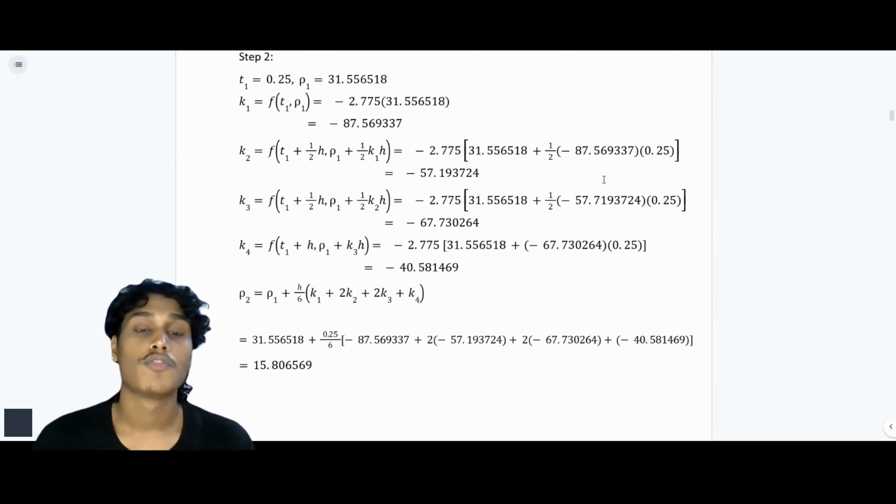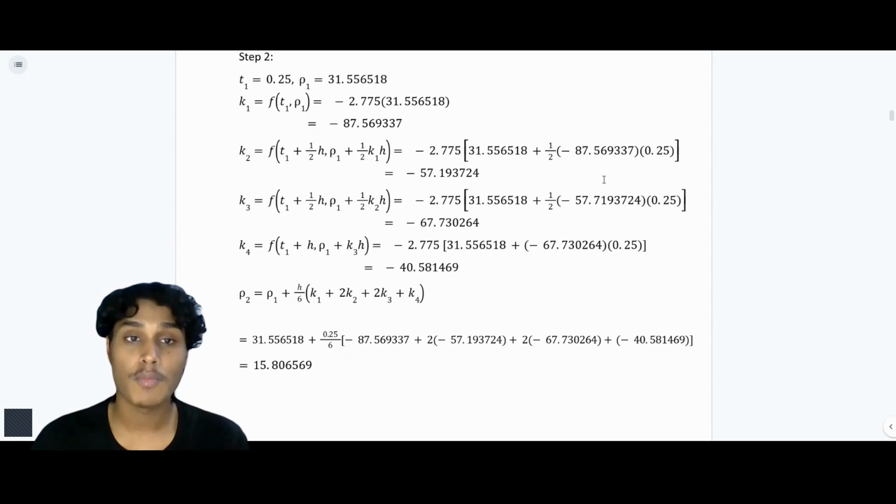For the k3, we will use the same formula as k2, whereby negative 2.775 times (31.556518 plus 1/2 times negative 57.163724 times 0.25) to get the answer negative 67.730264.